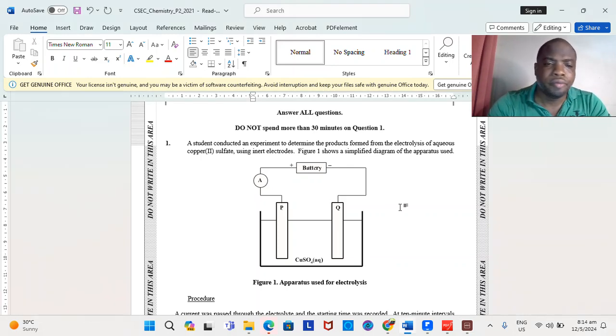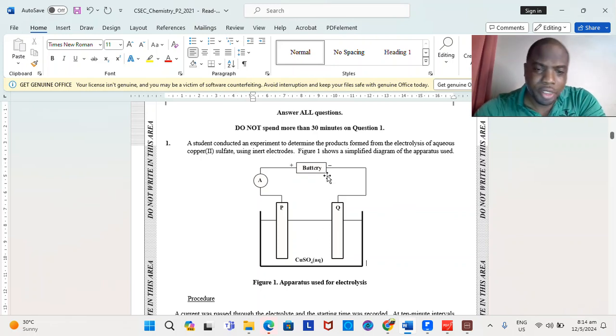All right, so we're seeing the aspects of the setup of the electrolysis. We're seeing P, Q, we're seeing the battery, we're seeing the copper 2 sulfate aqueous, we're seeing the ammeter. This is what we use to check the current flowing through our circuit.